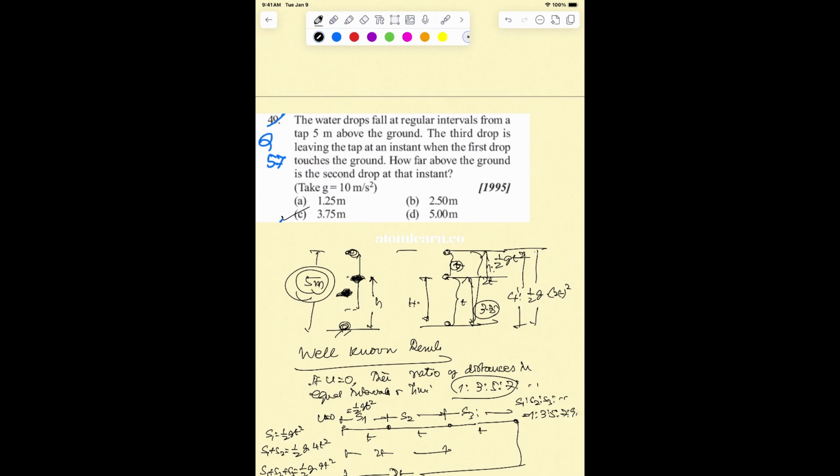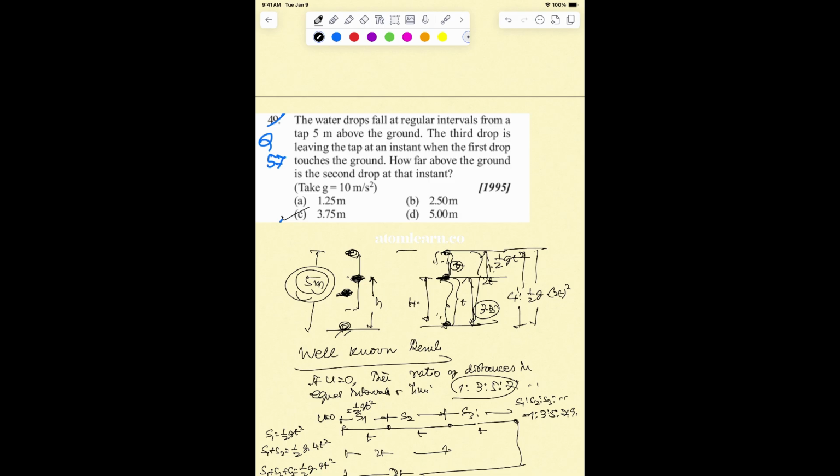Now you can view this particular problem simply from that angle. There is a top point, and the second release is going to be here, the first release already here, the third release here, which means that in equal intervals of time there is travel. The travel time of the second one from the top is t. The first one would have traveled 2t. Therefore this is the first t seconds' travel distance, and this is the second t travel distance.